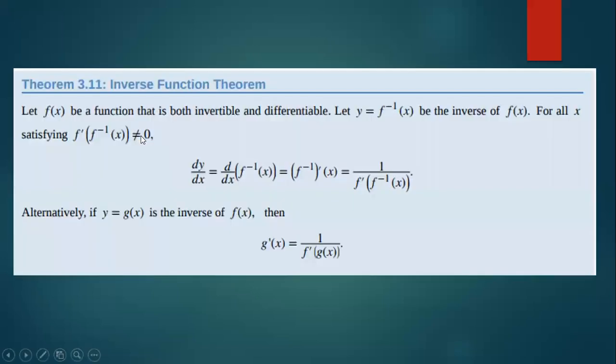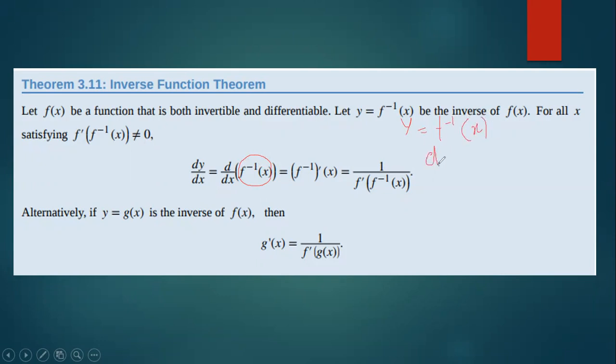Let's get started. First is the derivative of the inverse, which means that there is a negative power on my function. So how do we take the derivative? Let us say that my y value equals f inverse of x.